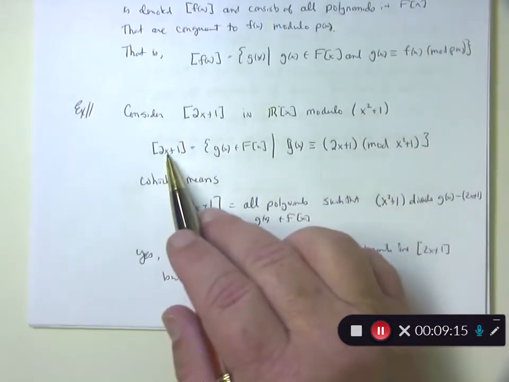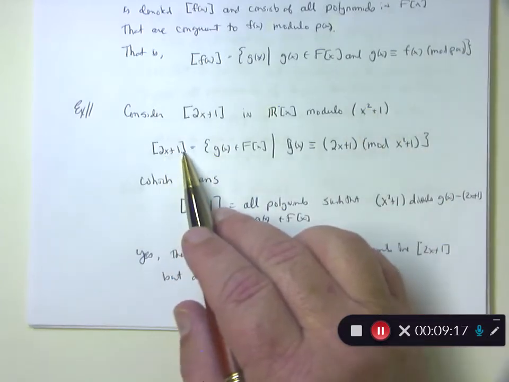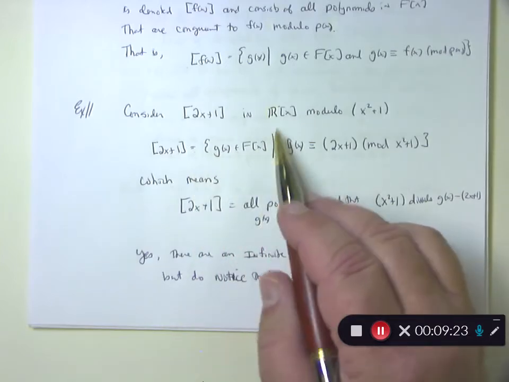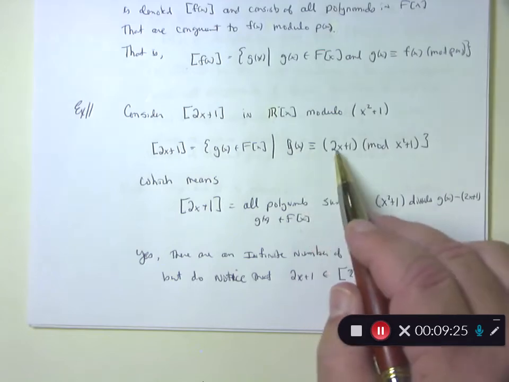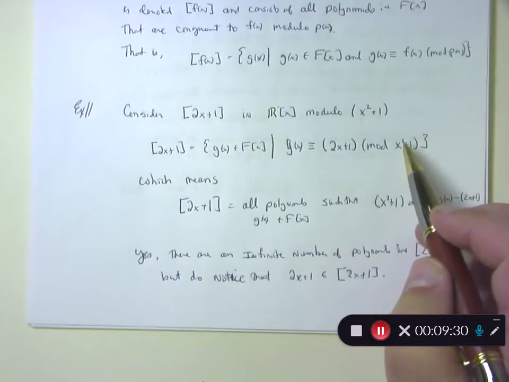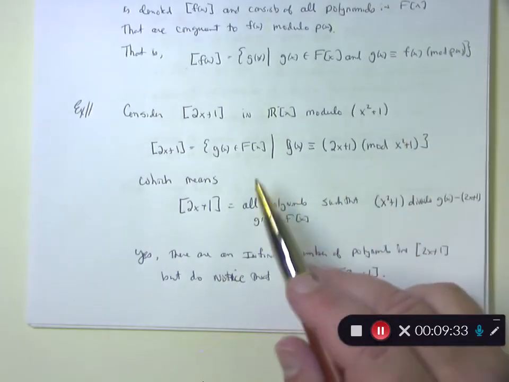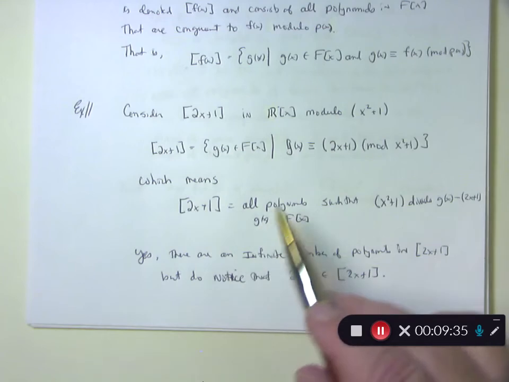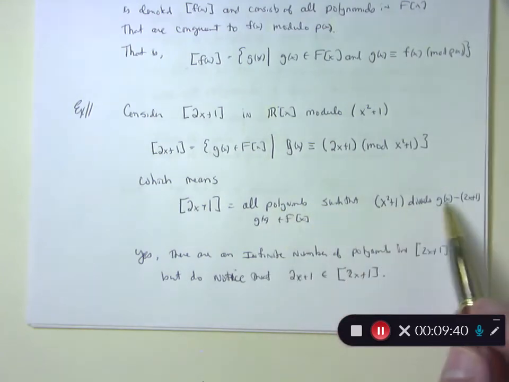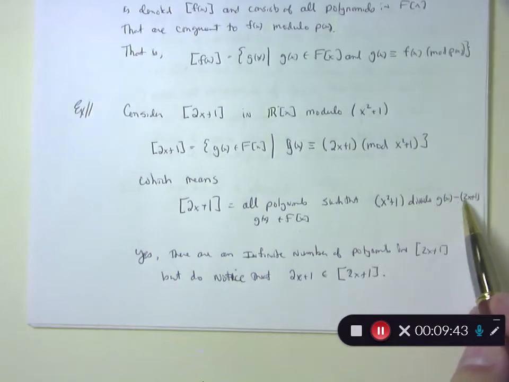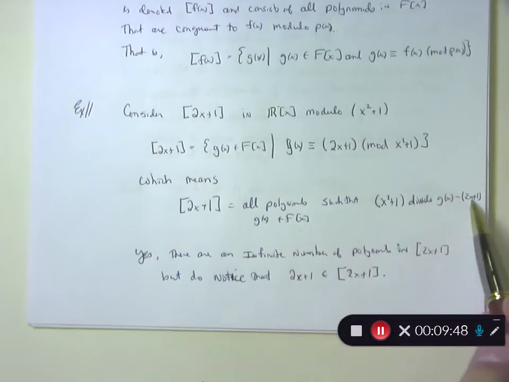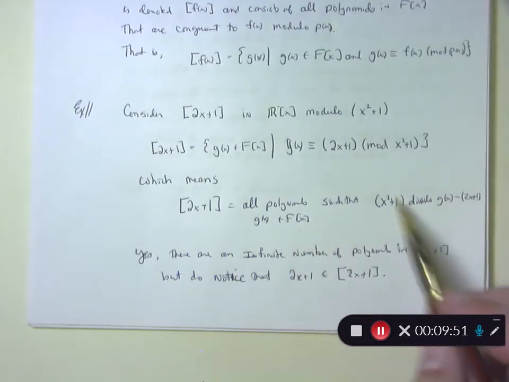Therefore, the equivalence class of 2x plus 1 is equal to the polynomials g of x, elements of F adjoin x, such that g of x is congruent to 2x plus 1 mod x squared plus 1, which means, by definition, that this equivalence class of 2x plus 1 is all the polynomials such that x squared plus 1 divides g of x minus (2x plus 1). So this is all polynomials g of x in F adjoin x such that when I subtract 2x plus 1, x squared plus 1 divides into it evenly.